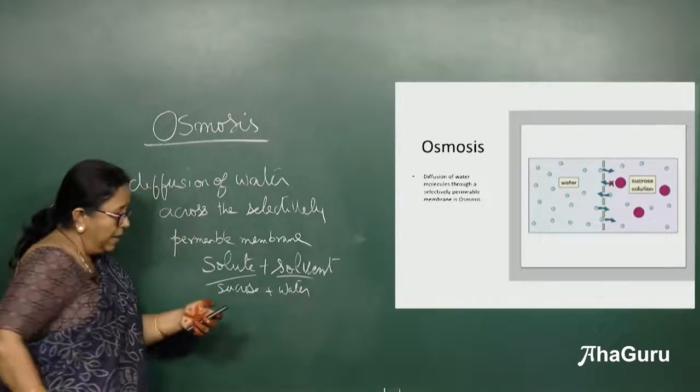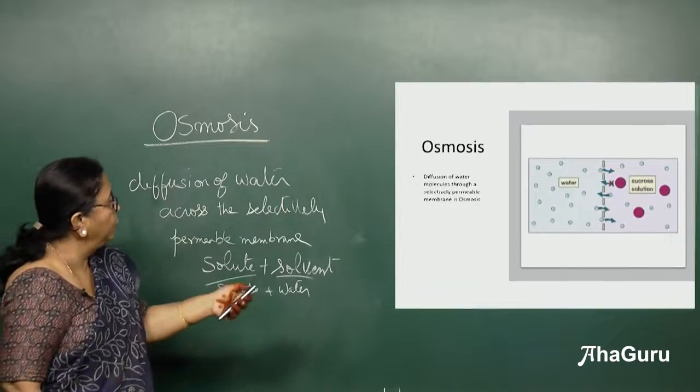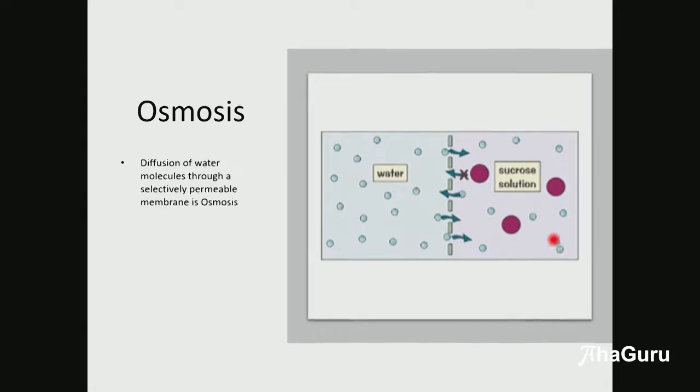Now compartment A has pure water, and compartment B has sucrose solution, and this semi-permeable membrane allows only water molecules. It will not allow the sucrose molecules to diffuse. It is not permeable to sucrose, so you need to remember that.